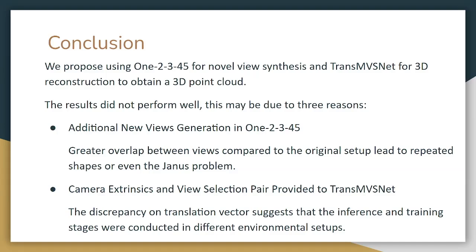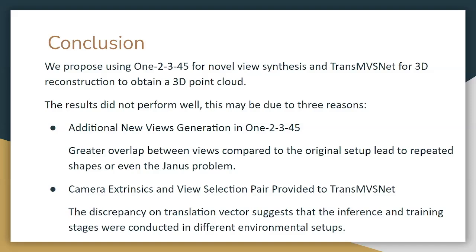This may be due to two reasons. The first is additional new views generation in Zero123. We double the azimuth spacing while maintaining the same elevation strategy to generate additional new views. This approach achieves twice the number of output views without retraining the model, resulting in greater overlap between views compared to the original setup.